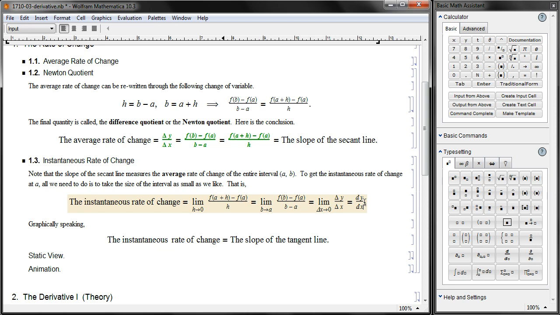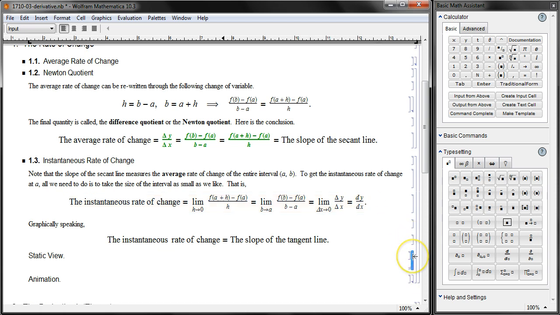This is basically a 0 over 0 type limit, and the final expression is by Leibniz. Instead of this delta y and delta x, which represent the difference, he changed those deltas into Roman d to represent infinitesimal difference. So this is basically 0 over 0, or a little bit more precisely speaking, infinitesimal over infinitesimal. Graphically speaking, it's this.